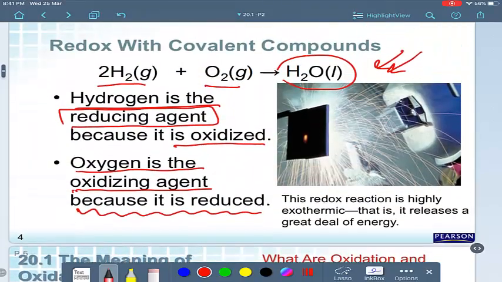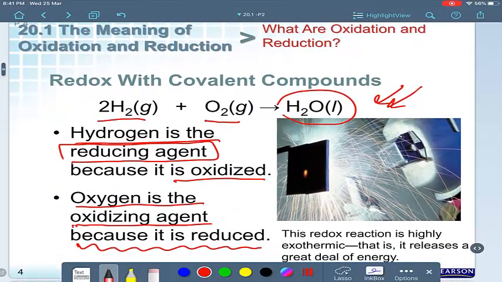How? Look at this reaction. Hydrogen here has zero charge, and oxygen has zero charge. They are molecules. What about water here? Hydrogen is positive 1 and oxygen is negative 2.